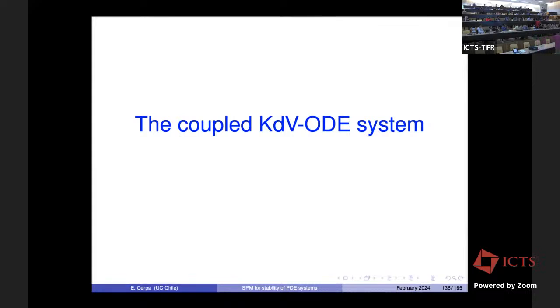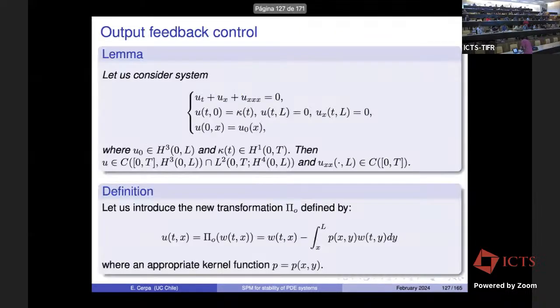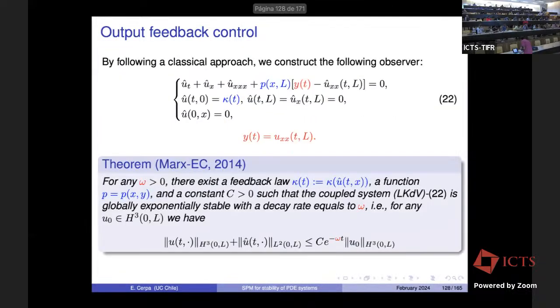So maybe, yeah, a technical question about the convergence of the observer towards the state U. In one slide, I think 126, in your result with Marx 2014. Yeah, not this one, but after.